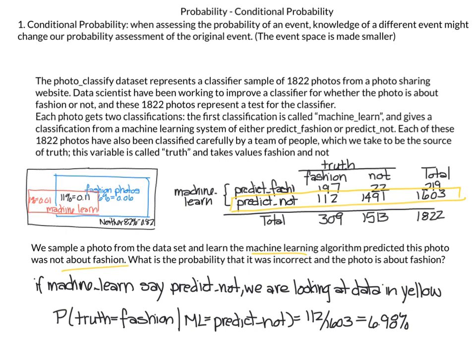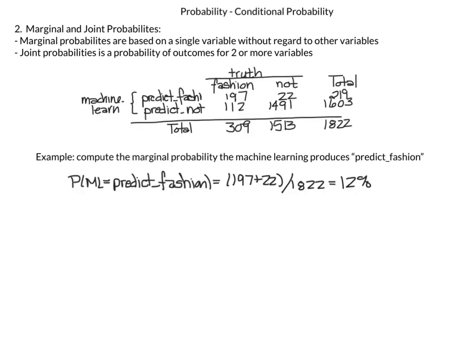If the machine learning says predict not, we are looking at the data in yellow, and then the probability that the truth is equal to fashion given machine learning equals predict not is, well, if the truth is fashion, that's 112 out of, in this case, 1,603. So it's 6.98%.